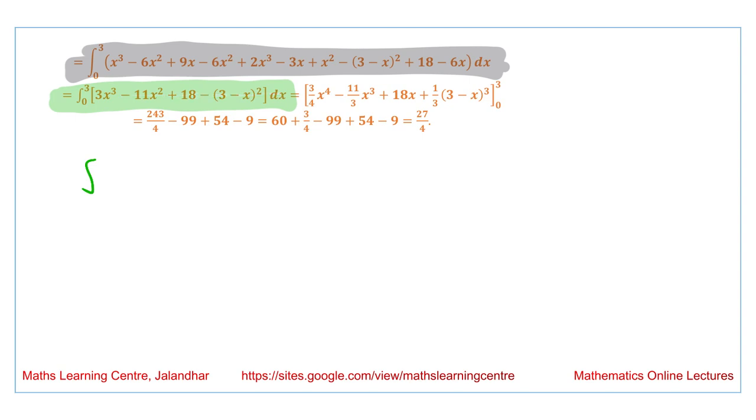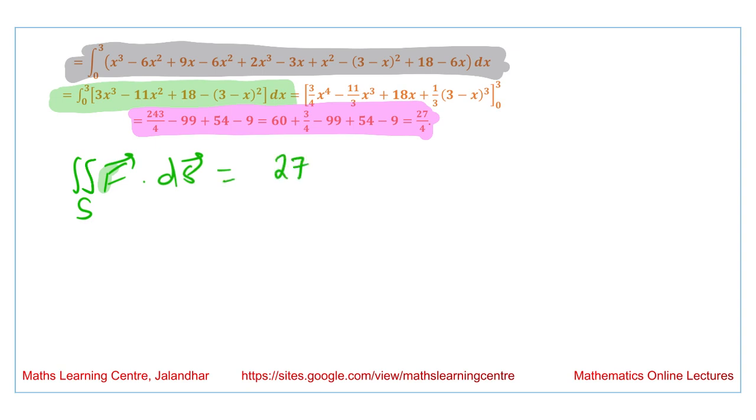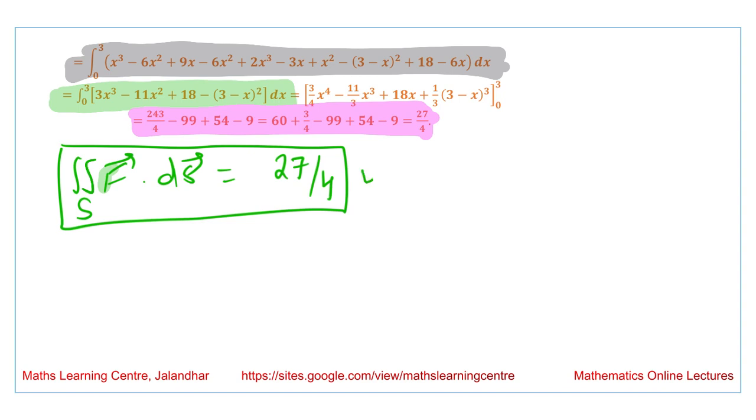Then by integrating with respect to x, we obtain the final answer in this form. So we are saying that the value of the integral of F vector dot dS vector over this region S is equal to 27 by 4. So this is the value of this integral.